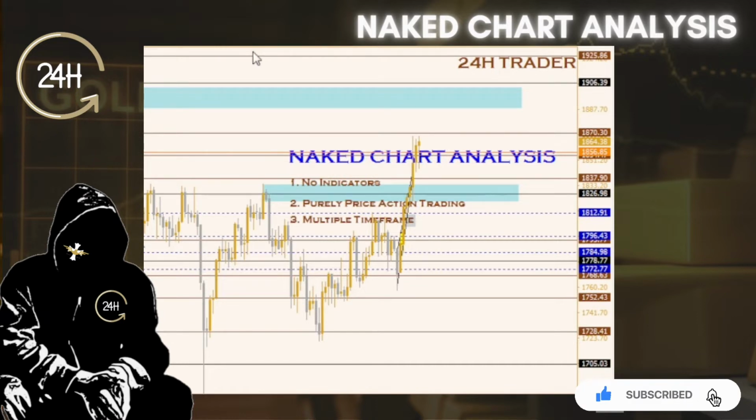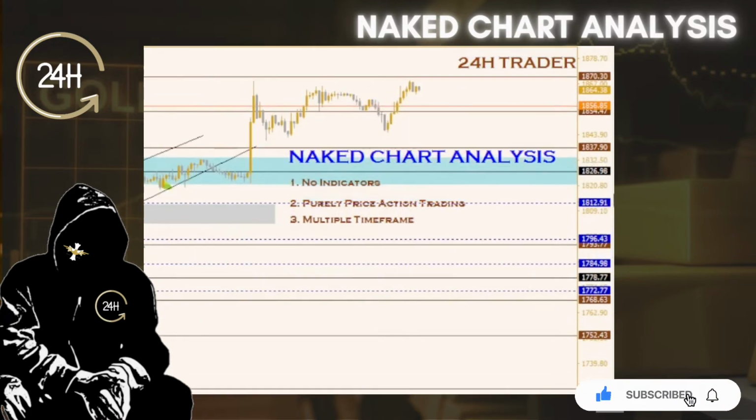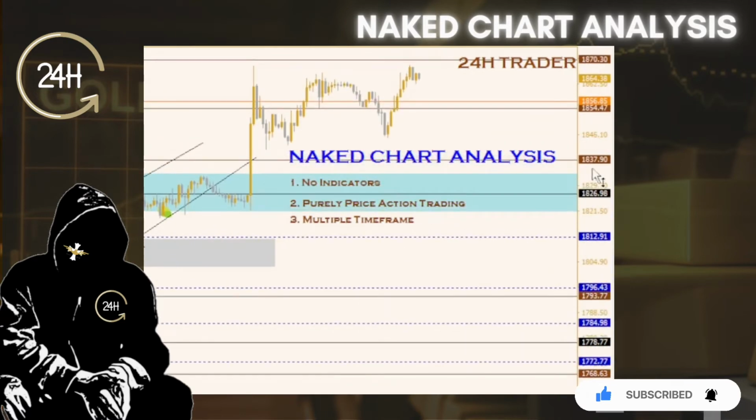But as I said, this one is on the daily time frame, while I'm trading on the H1 or the 1 hour time frame. So I need to change it to the 1 hour time frame, and as you can see, we can see a similar chart. For beginners, you cannot differentiate the charts, because the candles are very similar.